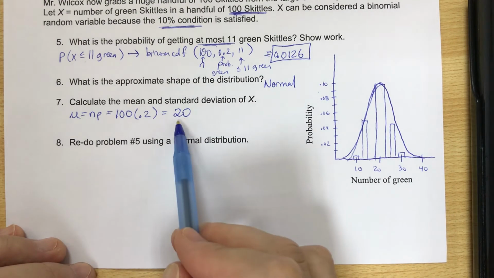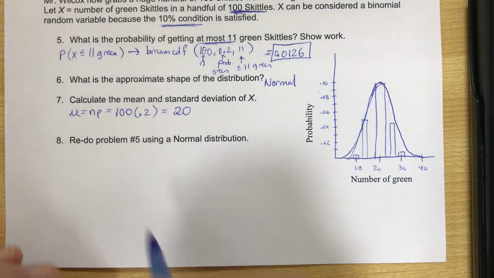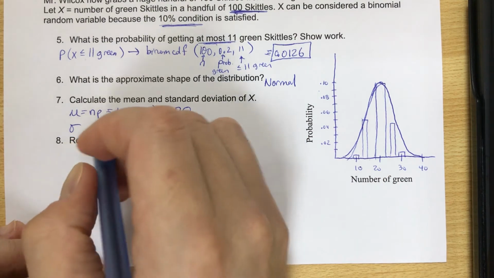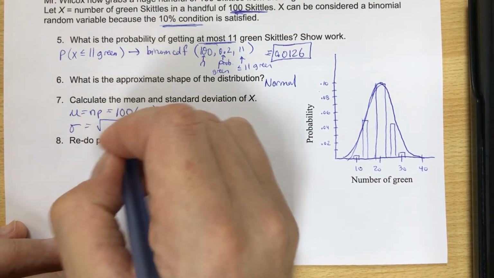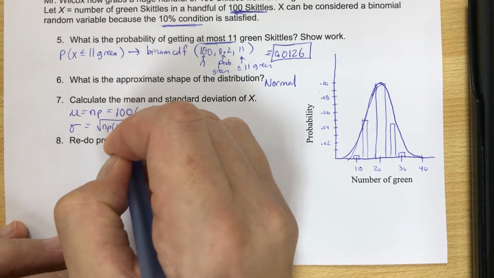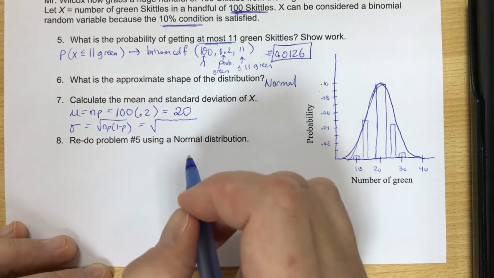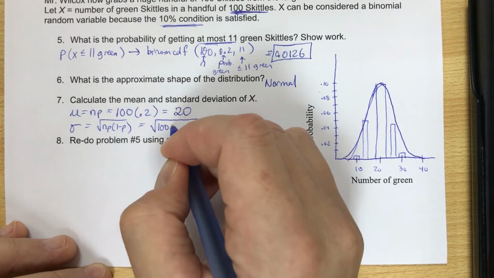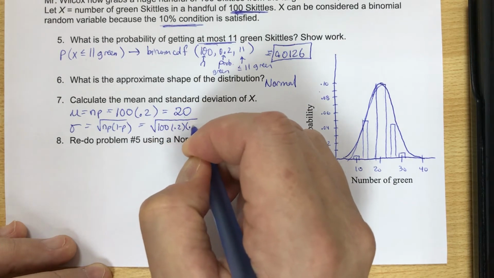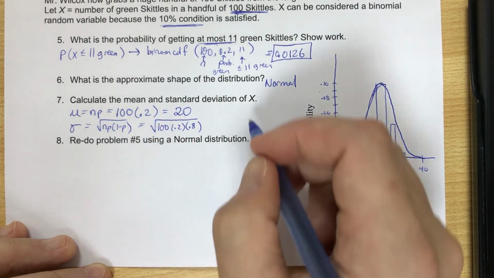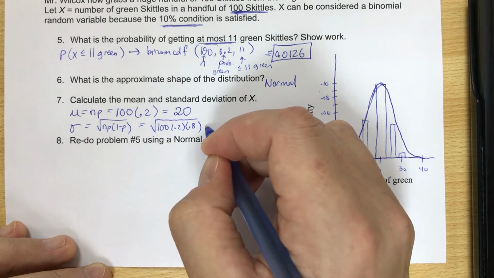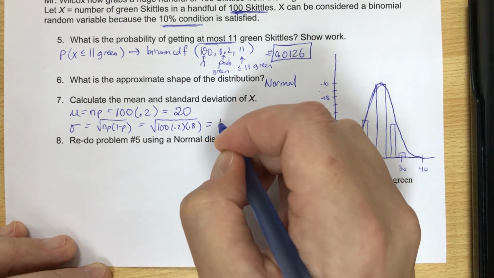Out of 100, we would expect to see around 20 Skittles. The standard deviation is the square root of n times p times 1 minus p, which is 100 times 0.2 times 0.8. And if we do that, we would end up getting exactly 4.